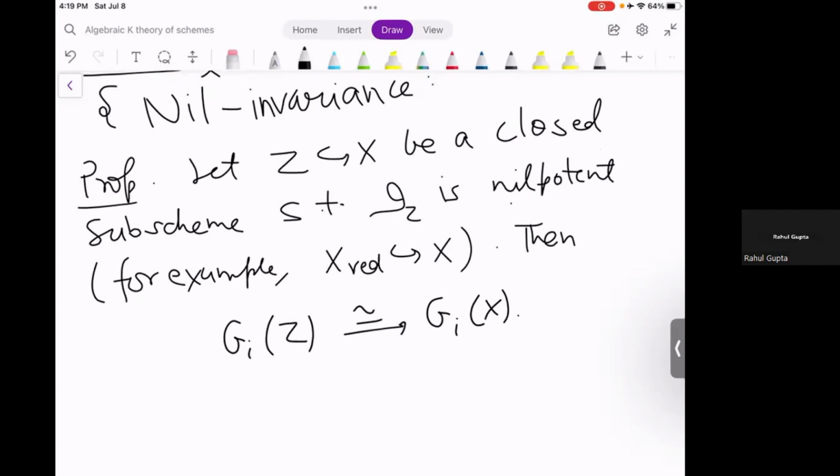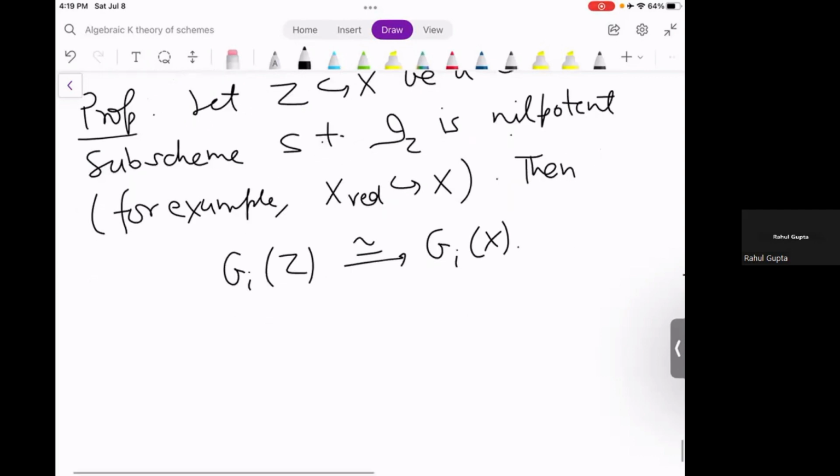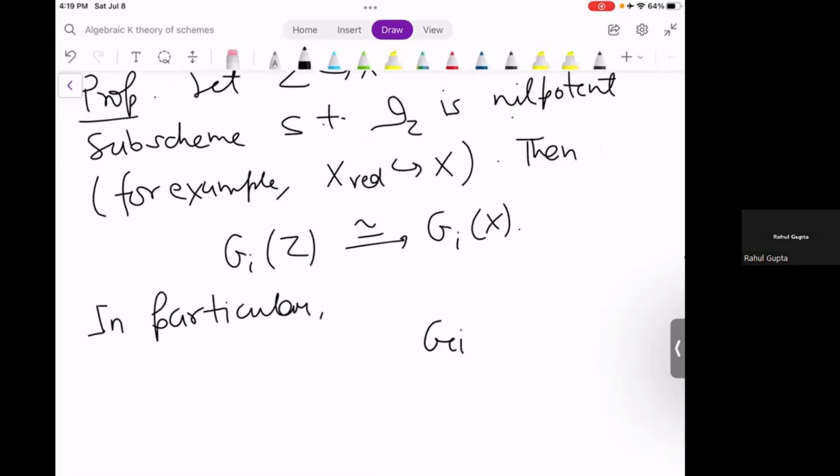So let me just write it and discuss a bit, and then we will go to the proof. In particular, if I take the G-theory of a field, it's actually the same thing as the G-theory of this thickened point.